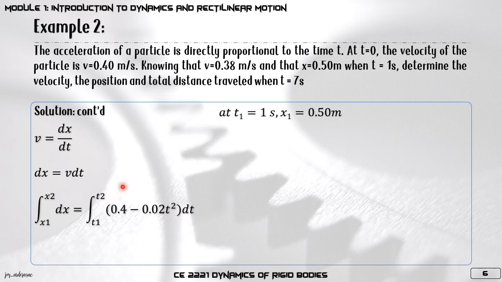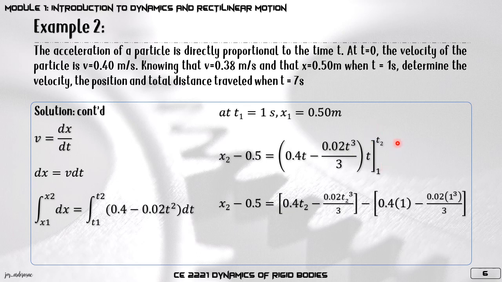So we'll follow that t1 is equal to 1 second and x1 is 0.5 meters. So we could now write x2 minus 0.5, which is the simplified integral of dx, is equal to 0.4 t minus 0.02 t cubed divided by 3, and that is from 1 second to t2.